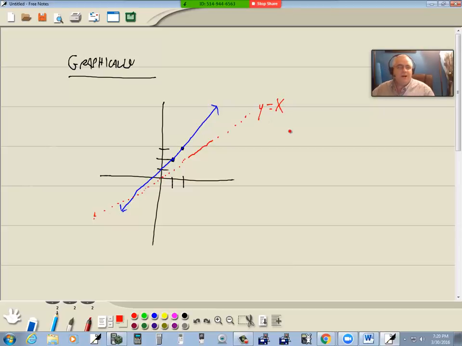This is the line y is equal to x. Inverses are symmetric to this line. What that means is that I can take this part of the graph here and I can flip it across that line.